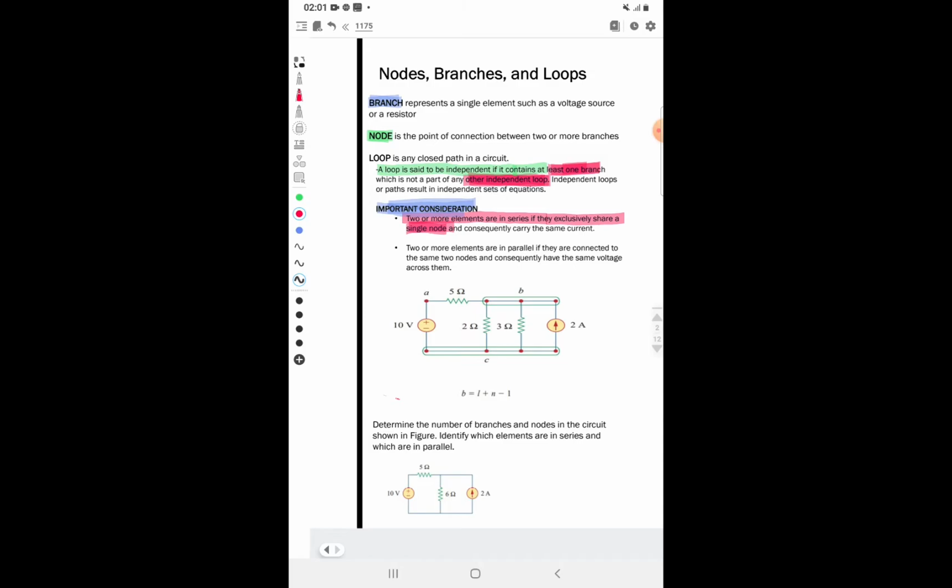And of course, if they are in series, take note that they carry the same current. If two or more elements are in parallel, they are connected to the same two nodes, and consequently have the same voltage across them.